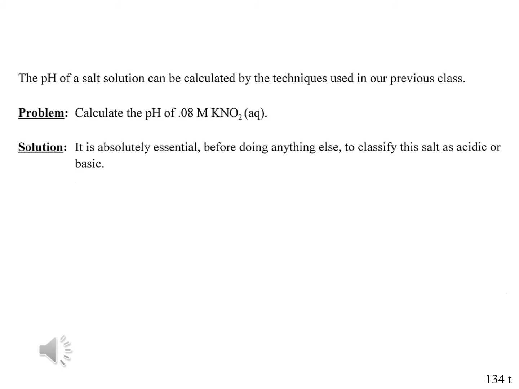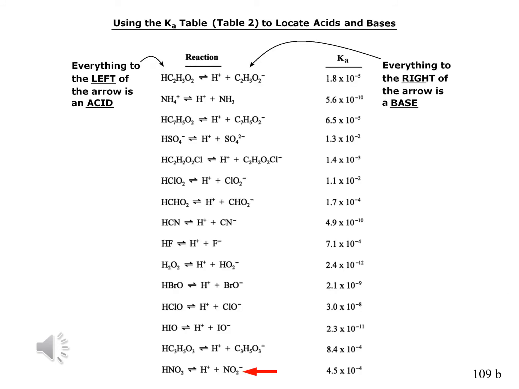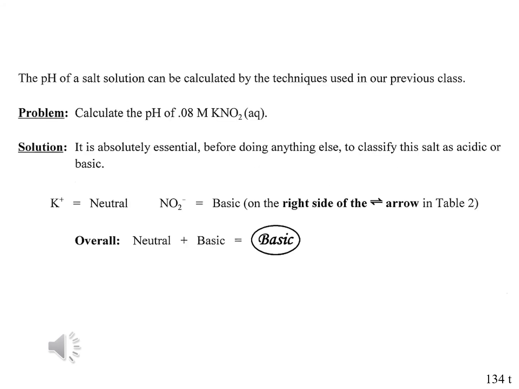Before we do this, we have to classify it as a salt, because it's a positive and negative ion together, and we have to decide whether it's an acidic, basic, or neutral salt. Since NO2 is on the right of the arrows here, it's a basic anion. But since potassium is in group 1, it's neutral, and so neutral plus basic gives you a basic salt.